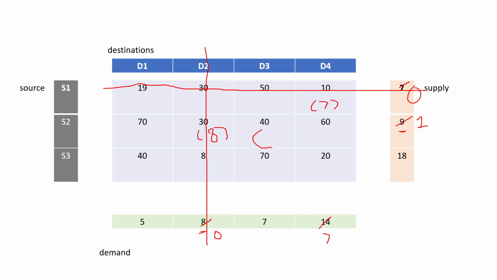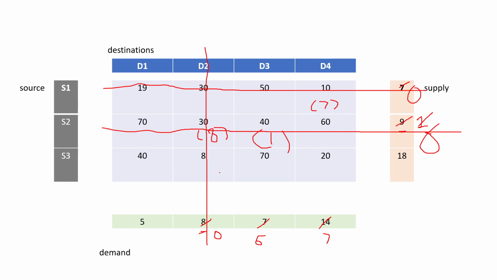The next minimum element is 40. For 40 the demand is 7, supply is 1, so we can maximum fulfill its demand by 1. So the supply becomes 0, 1 becomes 0, and 7 becomes 6. So you can see here it is 0, so we draw the horizontal line throughout that row.